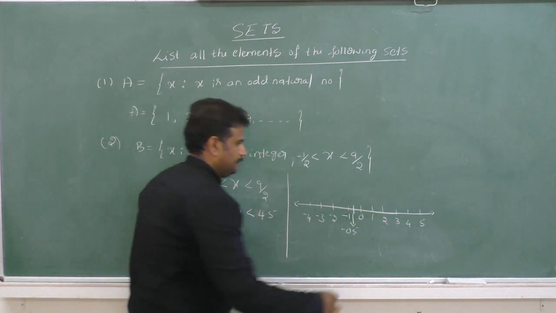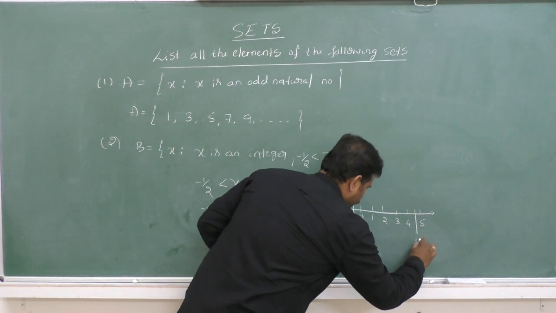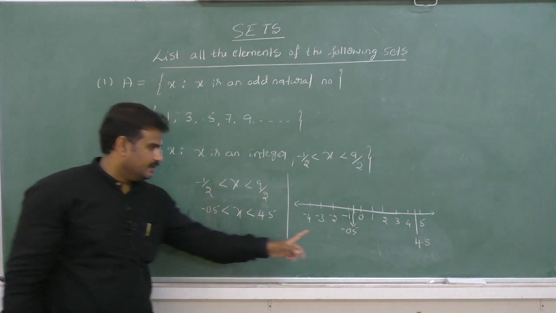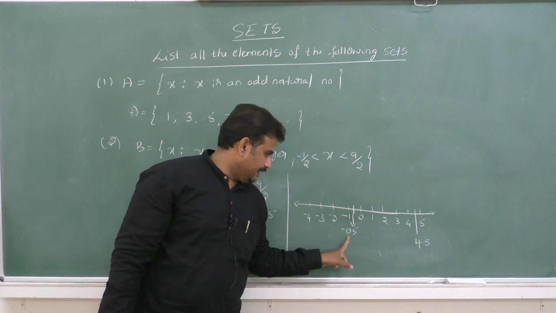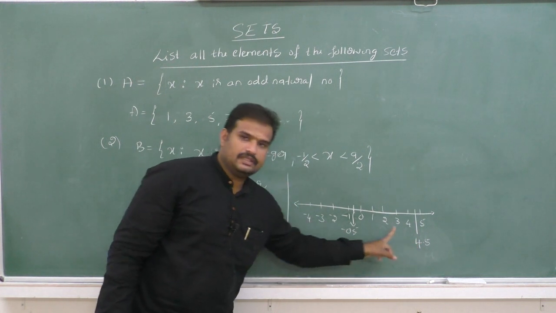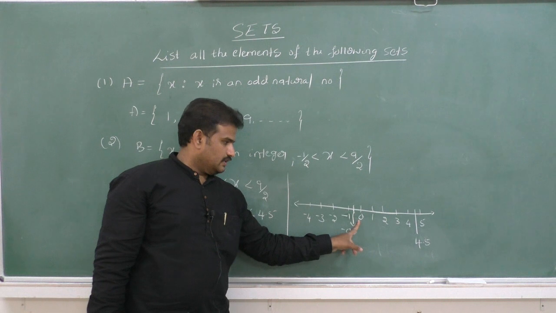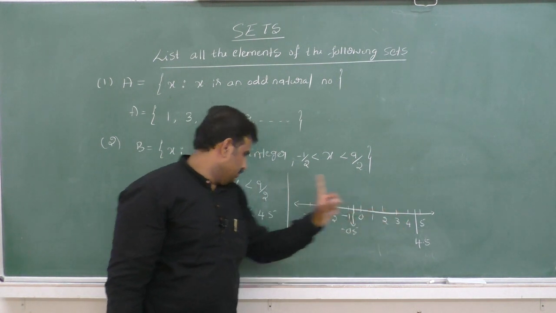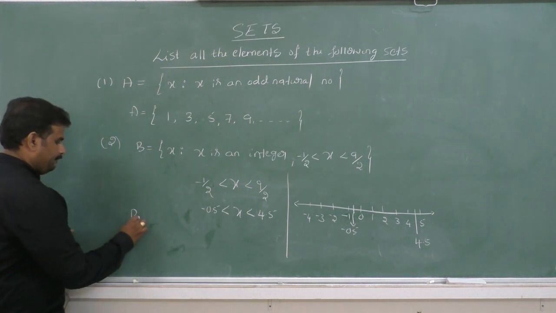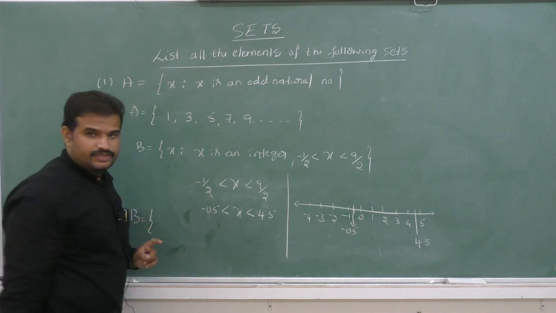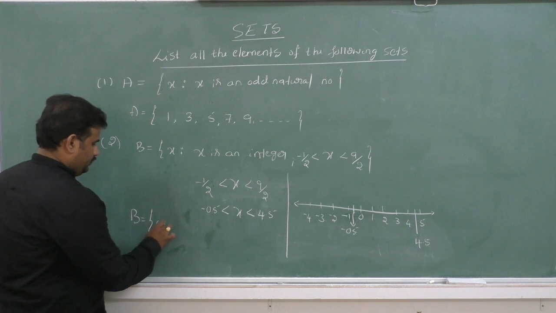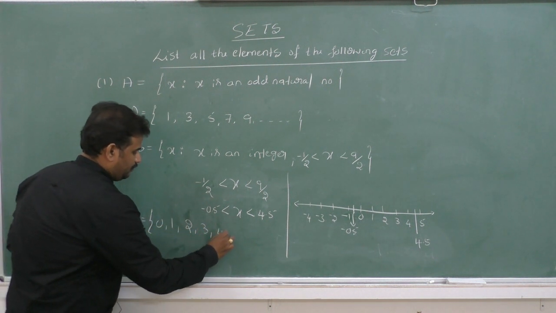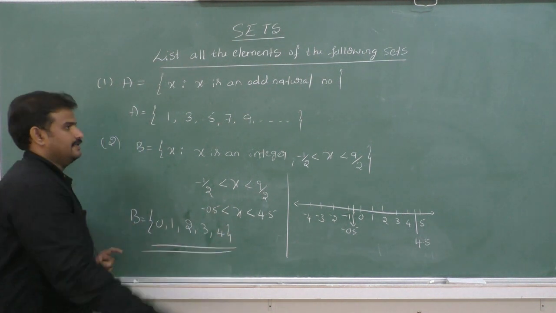This is 4.5. You have to write all the integers between these two, minus 0.5 and 4.5. What are the integers between these two? Clearly 0, 1, 2, 3, 4. So, the elements of your B are 0, 1, 2, 3, 4. This is the answer.